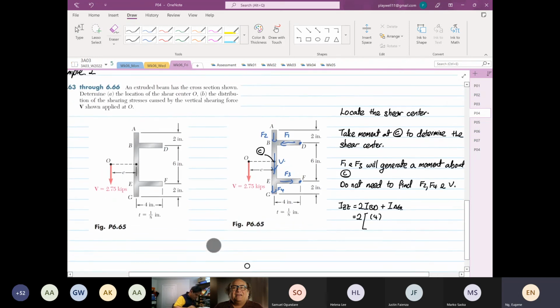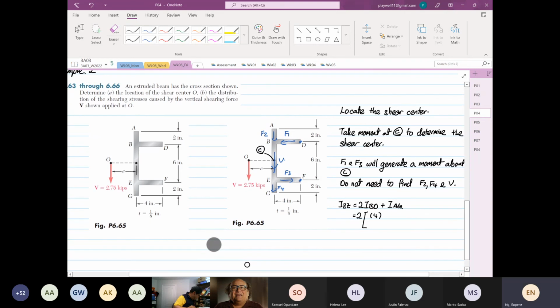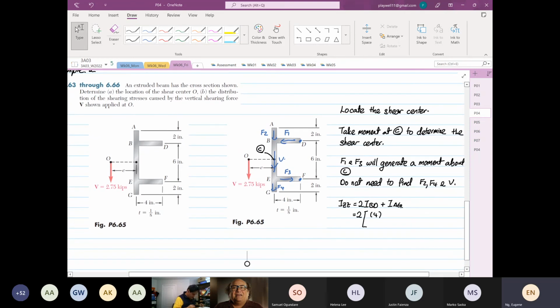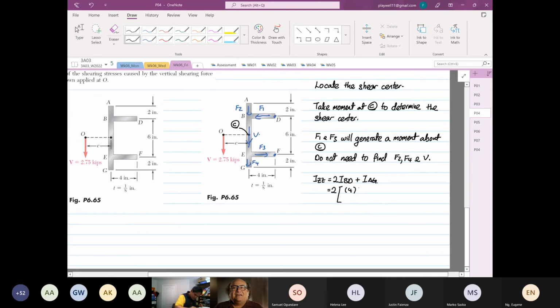I forgot to read the question. Yeah, thickness is 1 over 8. So the thickness is 1 over 8, cubed, divided by 12.